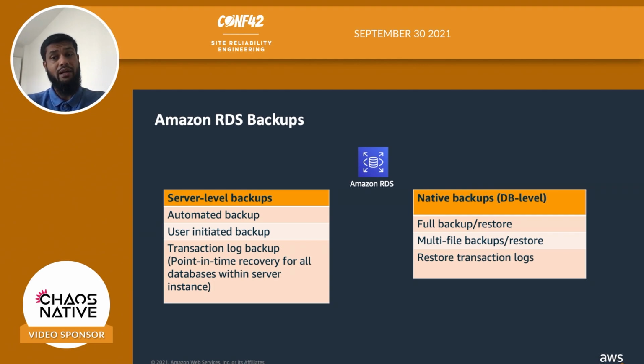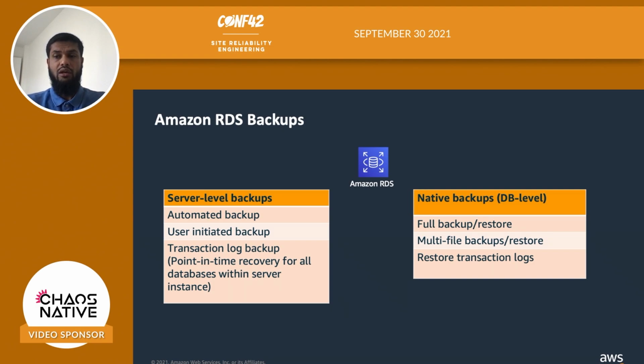Apart from automated backups, you could also create user-initiated backups. Similar to automated backups, user-initiated backups are also server-level snapshots of the underlying storage blocks. However, unlike automated backups, user-initiated backups are not automatically deleted by Amazon RDS. Even when you delete your entire RDS SQL instance, although all associated automated backups are deleted, any user-initiated backups remain available until you explicitly delete them.